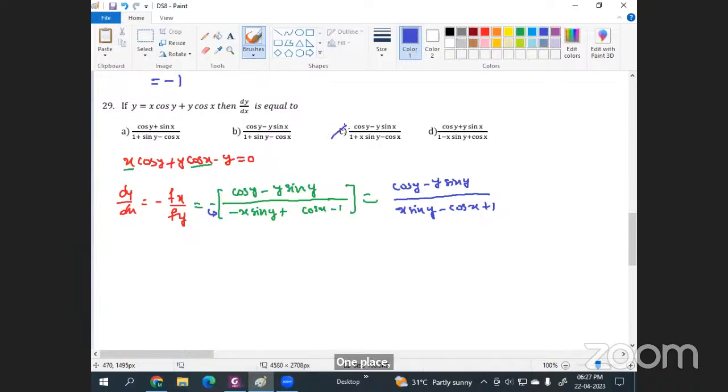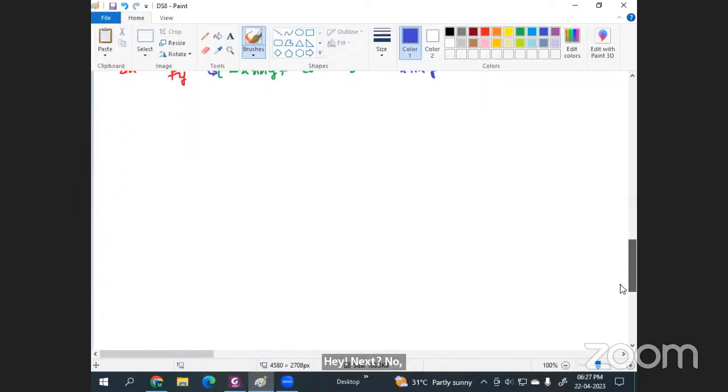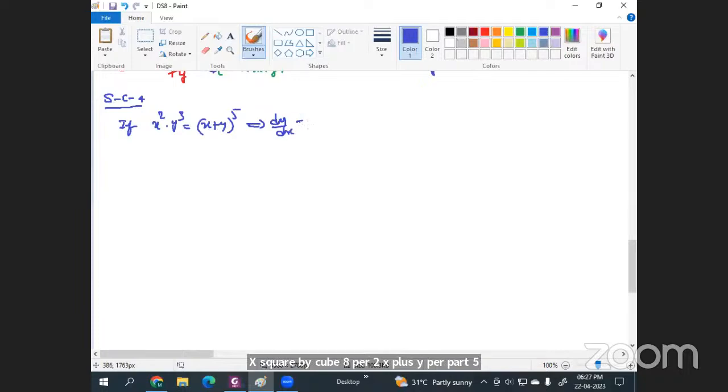Correct? Right? Next, now I'll go for the shortcut number 4. It is, if x square y cube equal to x plus y whole power 5, then dy by dx equal to what? Can you try from your end?